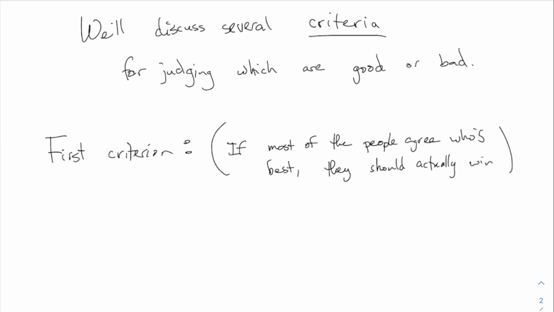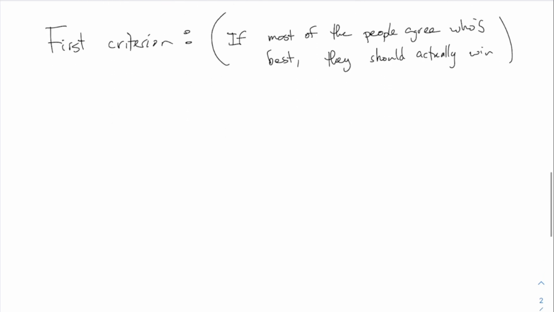Certainly a good system should behave in this way, where in the real world, if you have a scenario in which most of the voters agree on who the best person is, then that person should actually win the election, all right? This is one way of judging whether a system is any good or not, and the technical name for this is called the majority criterion.